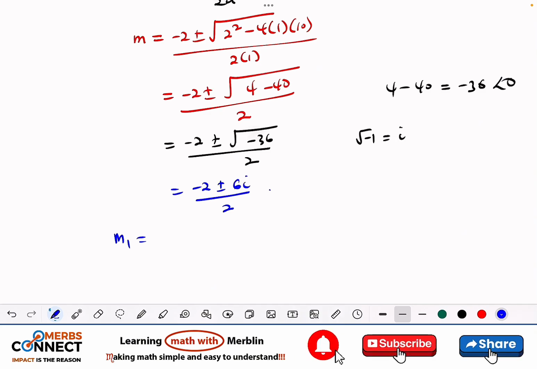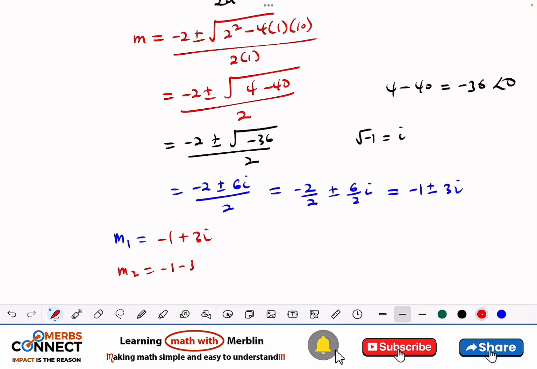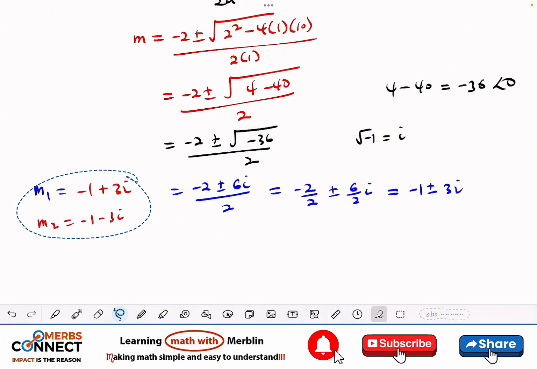Let me write this as minus 2 divided by 2 plus or minus 6 divided by 2 i, and this gives us minus 1 plus or minus 3i. Good. So my m1 will be minus 1 plus 3i, and my m2 will be equal to minus 1 minus 3i. This is what I'm going to get for m1 and m2.